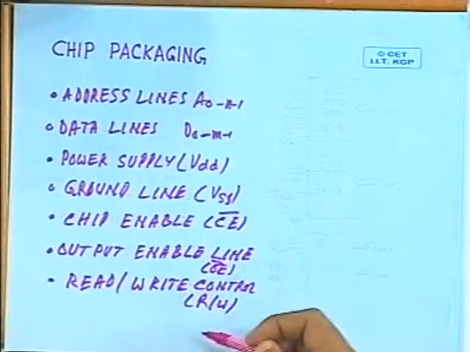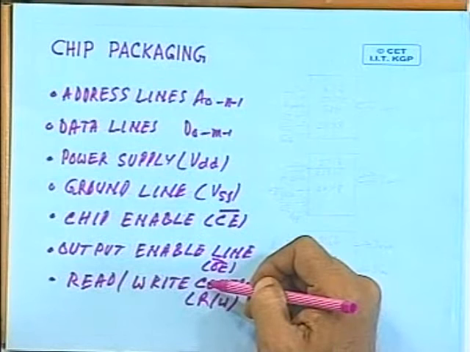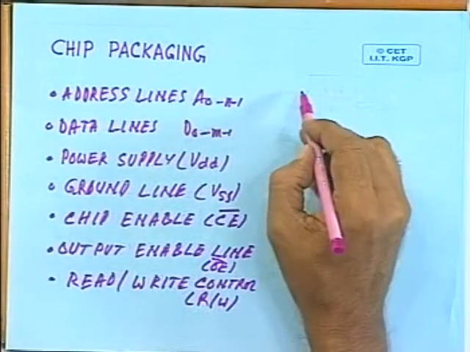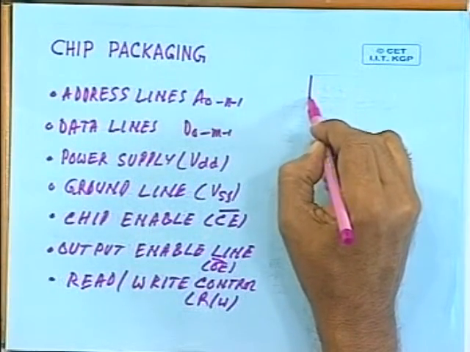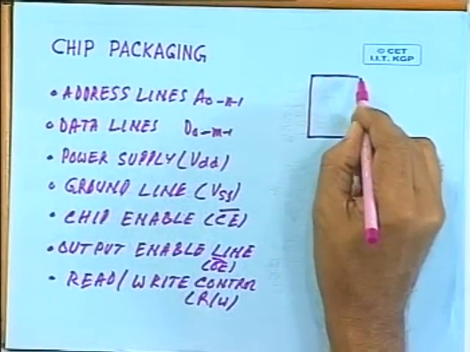So these are the various lines which must be provided to the chip, so that the information stored in the device can be accessed from outside.